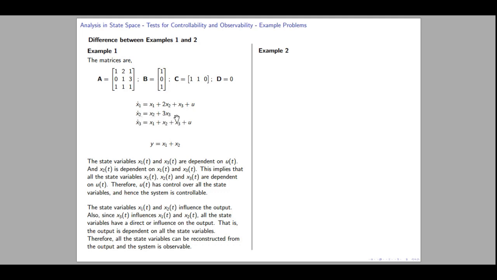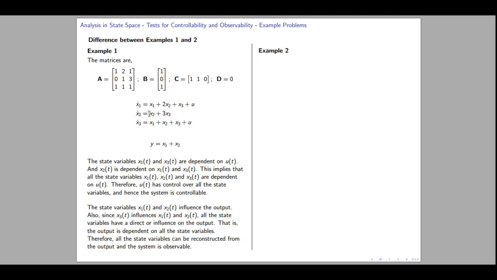At the same time, if you look at this equation, okay, so x2 depends on x3 and x2. Okay, so therefore if I can exercise some control on x1 and x3, that will in turn control x2 also.